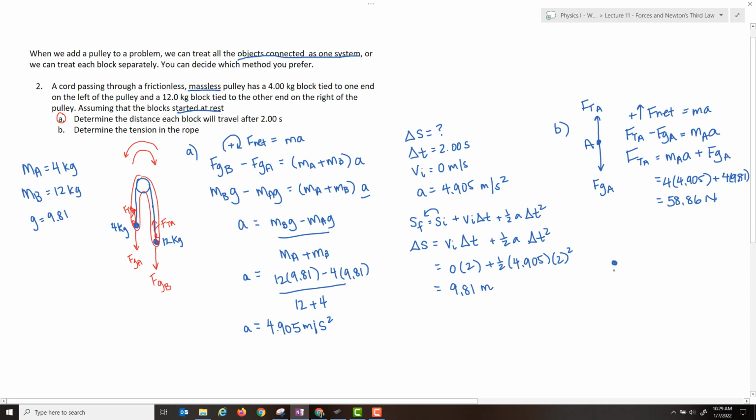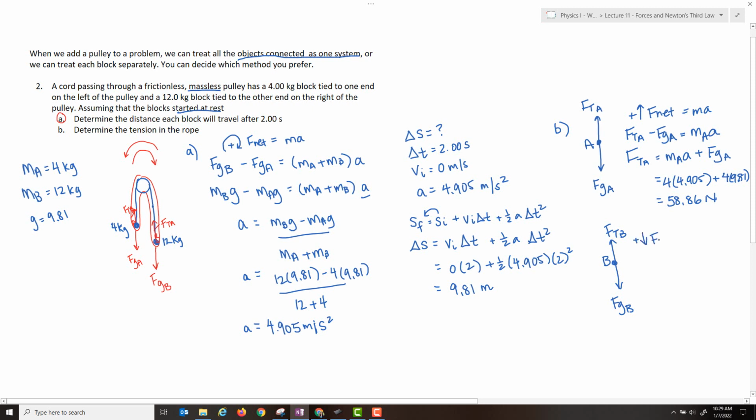If I did the same thing but looking at object B, I should hopefully get the same answer. So let's look at B. In object B, I have a force of gravity acting downwards, and I have the force of tension acting upwards. This time, I know that object B is traveling down, so I'm going to say the positive direction is downwards.